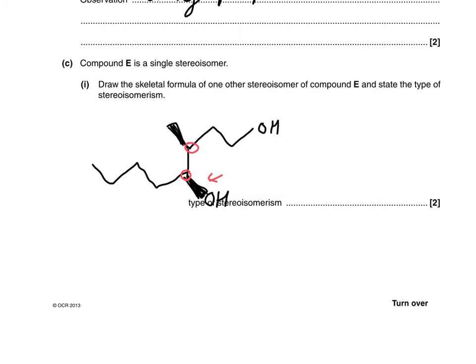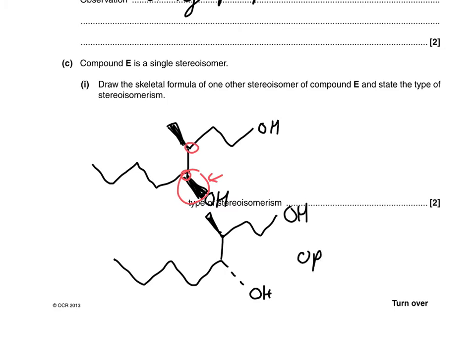You need to flip it so it's going backwards. So that would give us one correct answer. What I've done is I flipped this bond, and instead of it coming forward, it's now going backwards, remembering there's a hydrogen on there that we can't see. There's more than one correct answer. Have a look at the mark scheme. This type of isomerism is optical.